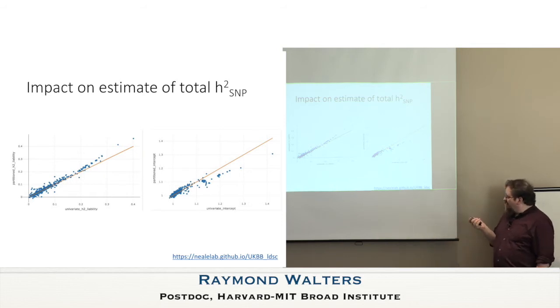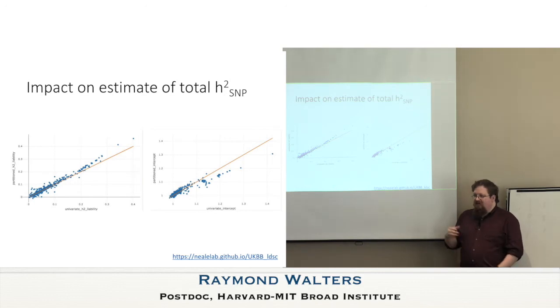And so consequently, our estimate of the intercept, in terms of how much confounding is left in the GWAS, is lower in the partitioned model than in the univariate model on average. At least some of that intercept that we see in the univariate case is not because there's confounding, but because our simplified set of LD scores aren't fully capturing where that variation in the chi-square is coming from.